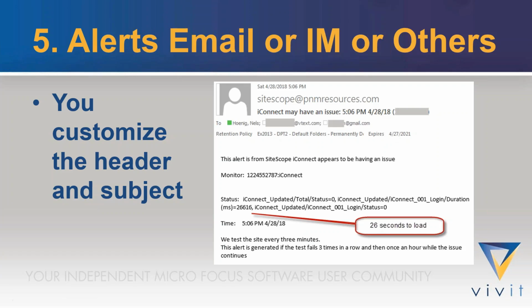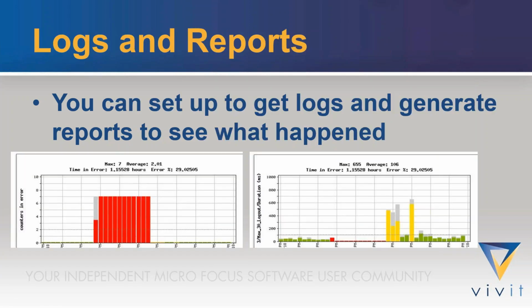based on your needs. The other thing, if you set up to capture your logs, you can go back in time and look and see what was going on. In these two screenshots, the first one in red shows how long the system was in error. And it was in error for a little over an hour, 0.1 hours. This tells me the counters.